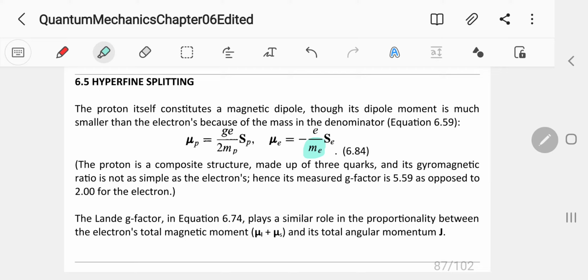And the proton is also a composite structure, made up of some tinier particles. As we have known, it is made up of 3 quarks, and its gyromagnetic ratio is not as simple as the electron's. Its measured Landé g-factor is 5.59, as opposed to the electron, which has only 2.